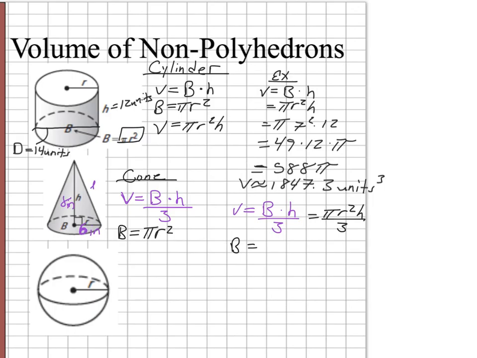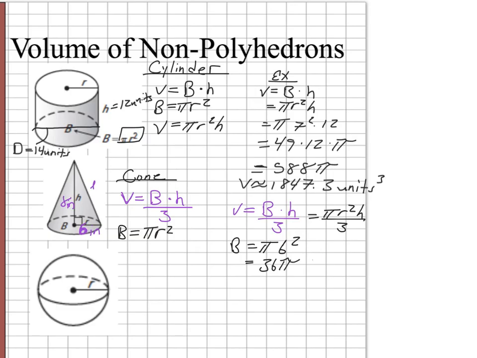So my base is pi times my radius, which is 6. So 6 squared, 36 pi would be my base.